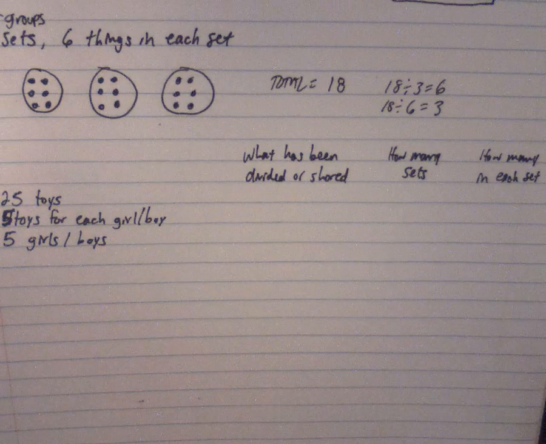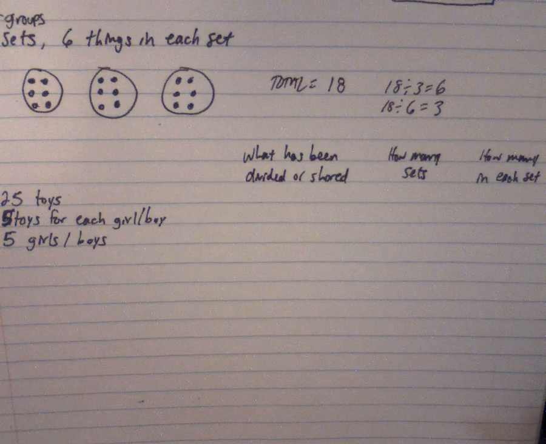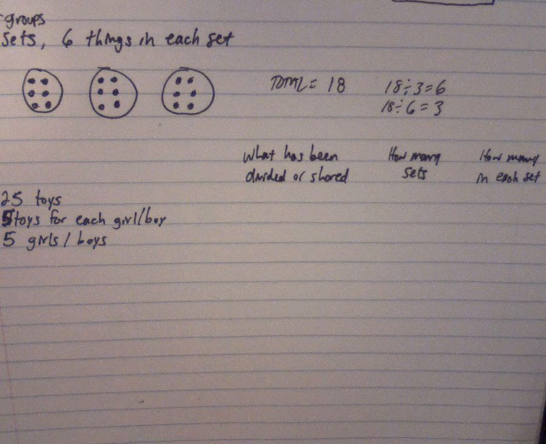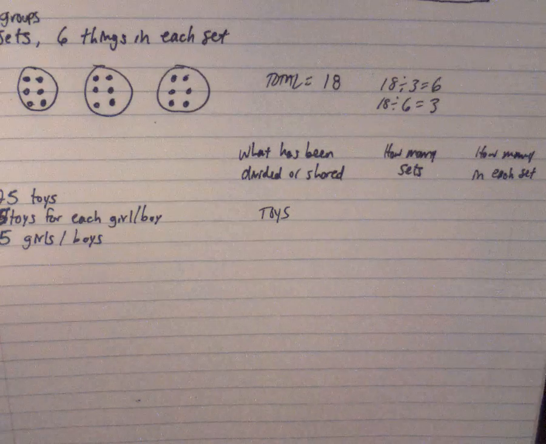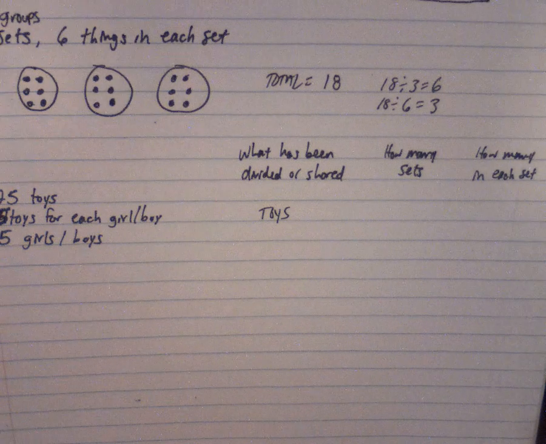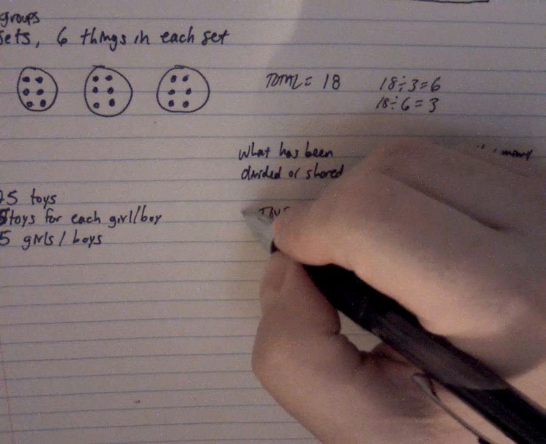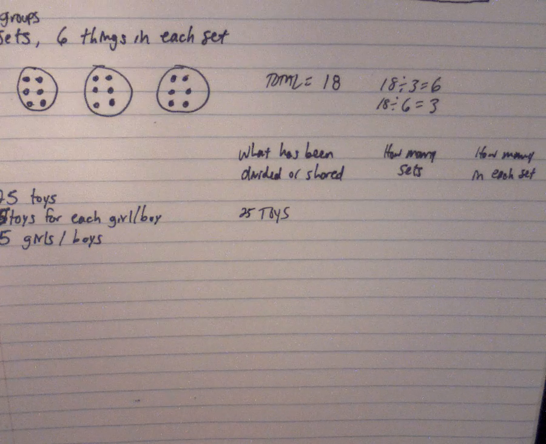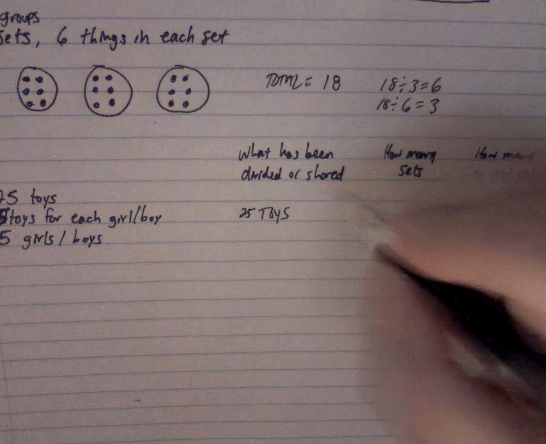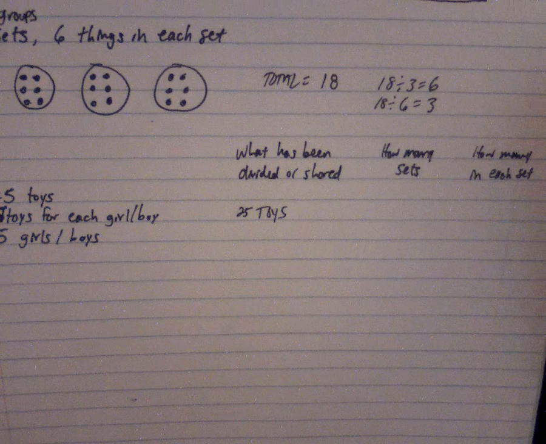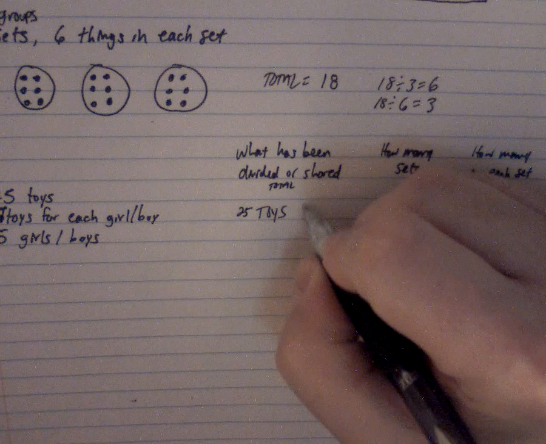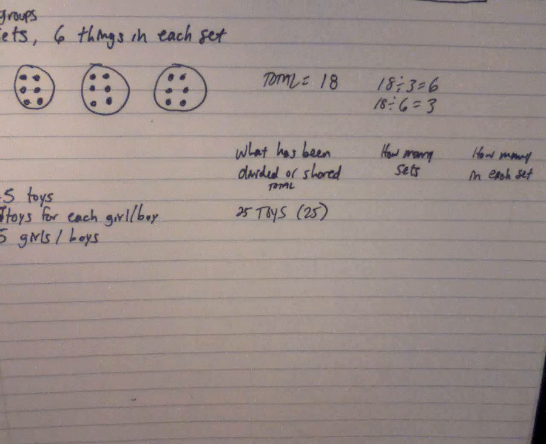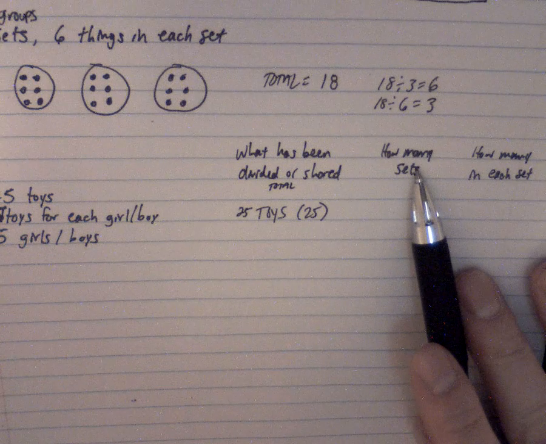So what are we dividing? What are we sharing? If you had said toys, you would have been absolutely correct. How many toys are we dividing? 25. This is important because this is the number, the total right here. So the total that we have is 25. How many sets?